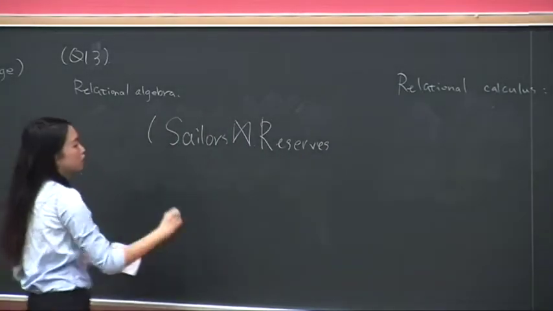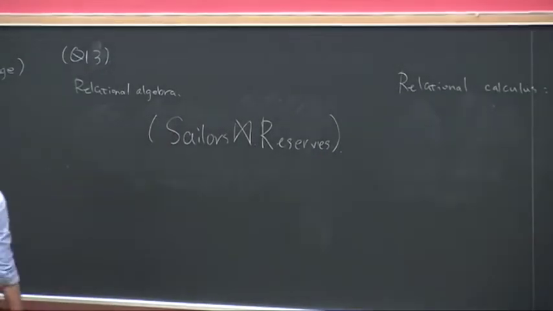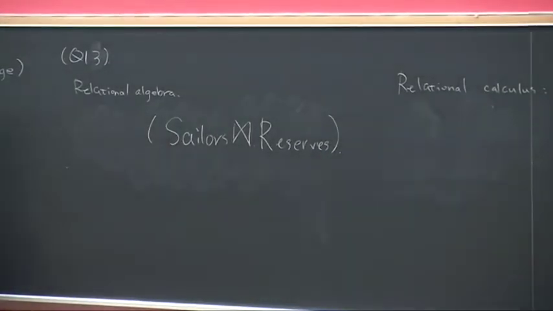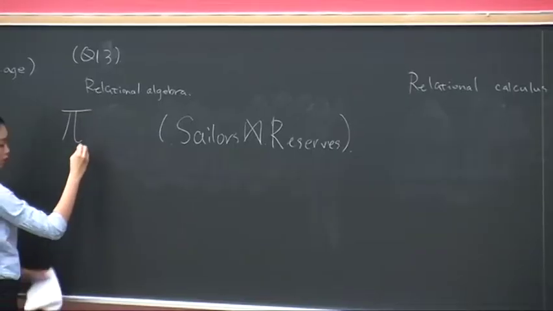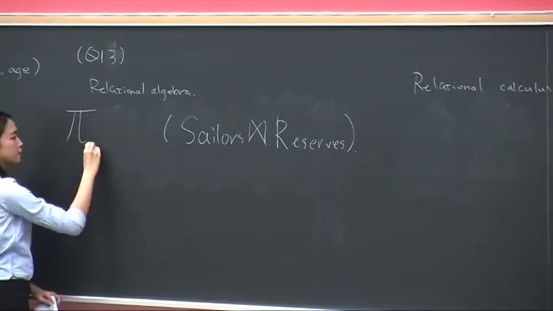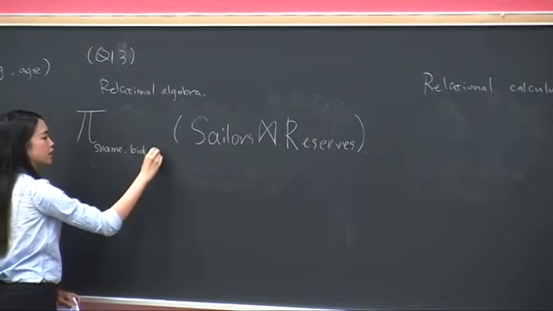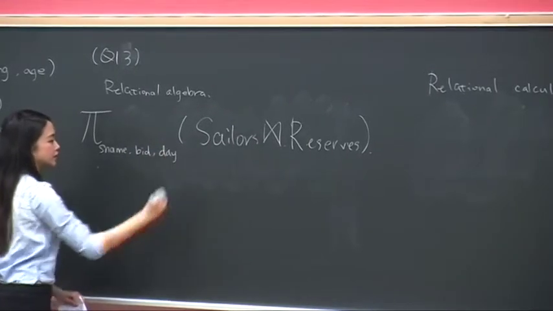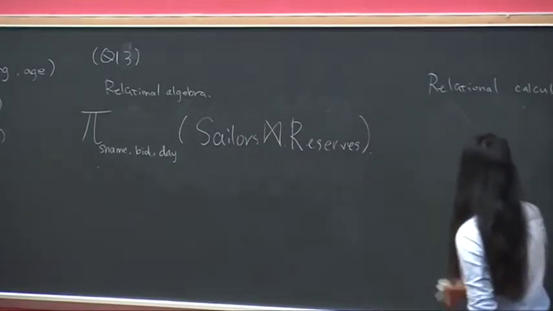So the query wants us to find sailor name, bid, and day. What do we want to do? Project on the fields we want. So that will be sname, bid, and day. So the relational algebra for this one is really simple. That's it.